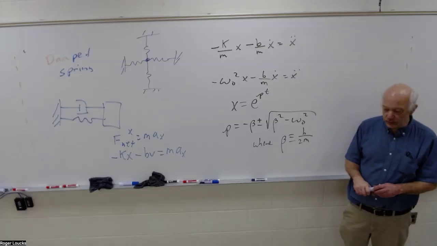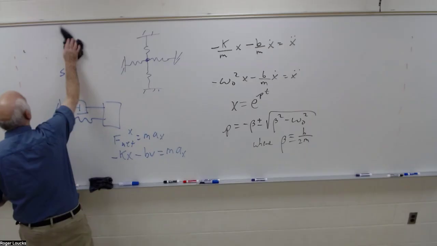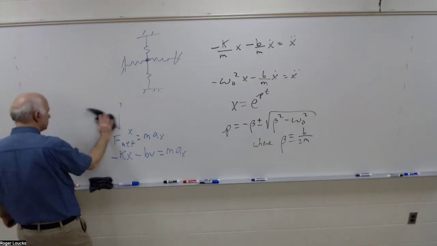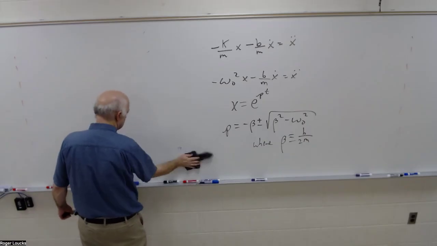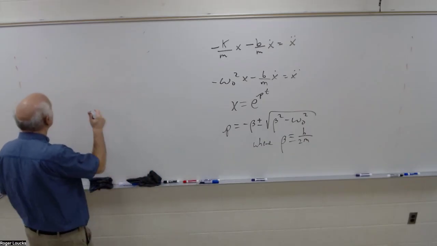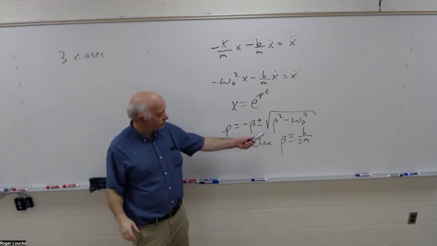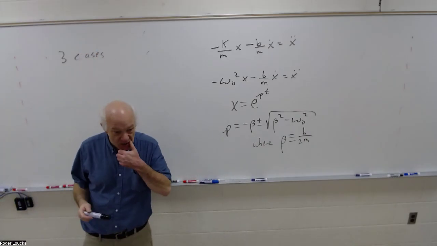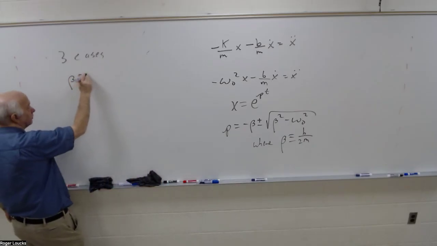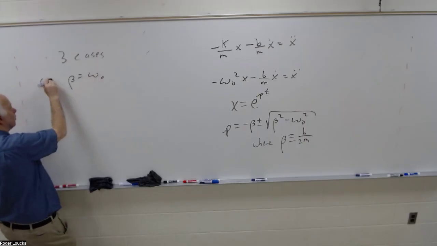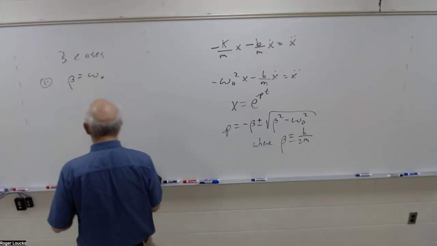And what were the three cases we had? The three cases had to do with the square root. What are they? Beta equals omega naught. What was that case called? Correct, that's critically damped.